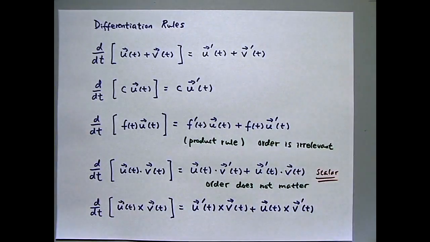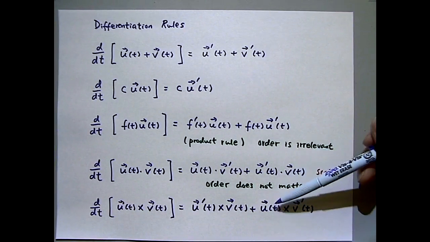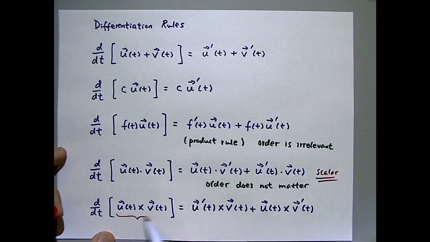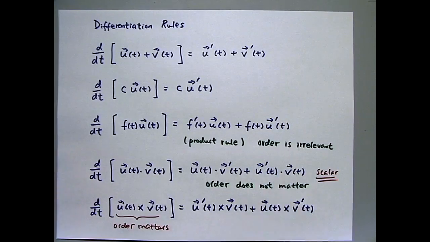Derivative of u crossed with v, no derivative, plus u crossed with v prime. And this will give you a vector at the end. This is a vector, scalar, vector, vector, vector.